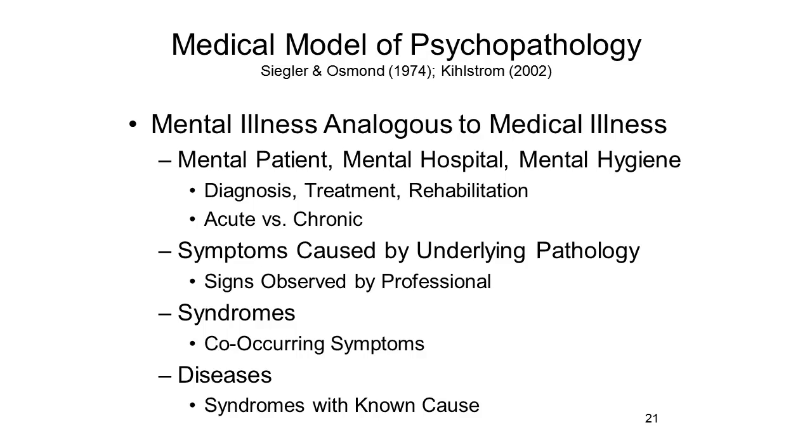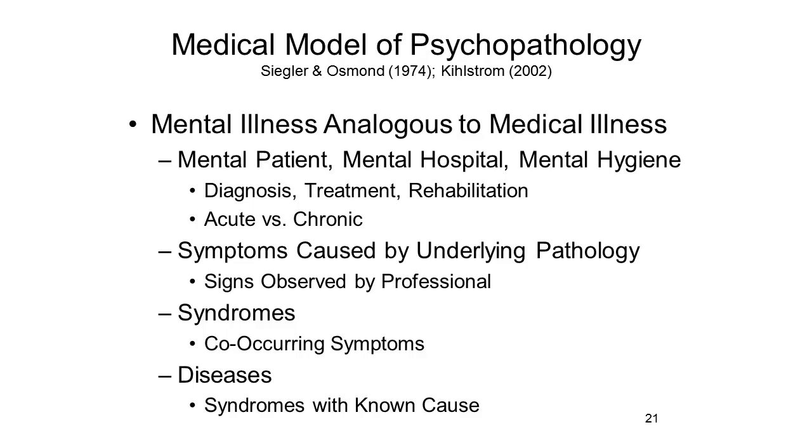These symptoms and signs can be grouped into syndromes, or clusters of symptoms and signs that tend to occur together, and diseases, which are syndromes whose underlying causes or underlying pathology is known. These analogies and the fact that the language of mental illness shows such striking parallels with the language of physical disease are part of what's known as the medical model of psychopathology.